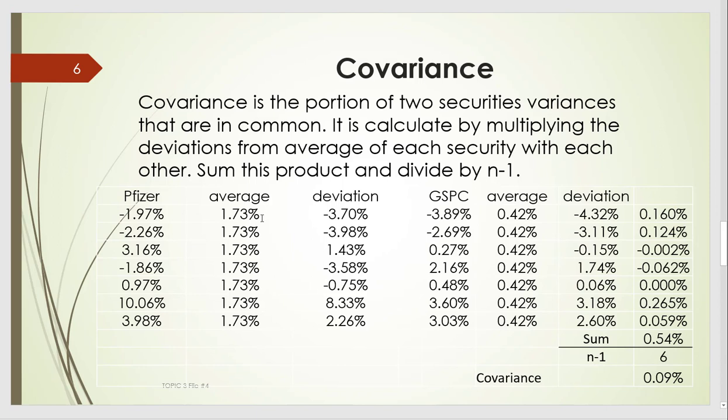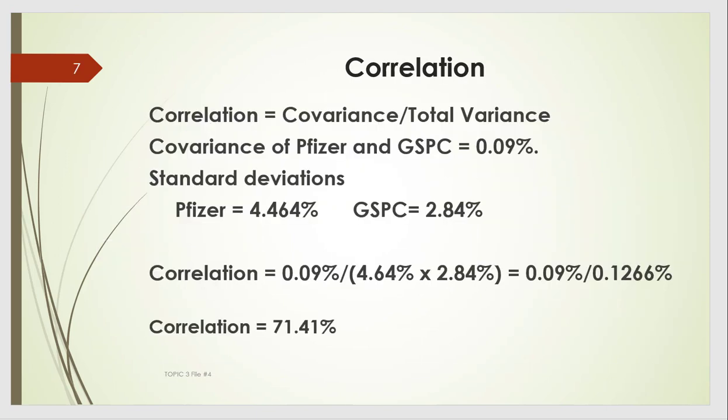I add them up. I get the sum of 0.54%. I'm dividing by n minus 1, which is 6. So the covariance is 0.09%. Now I have the covariance. We're going to use that later, both now in the correlation, and we'll also be using it in the last folder where we're talking about a stock portfolio.